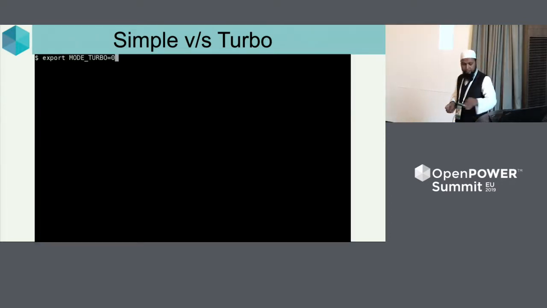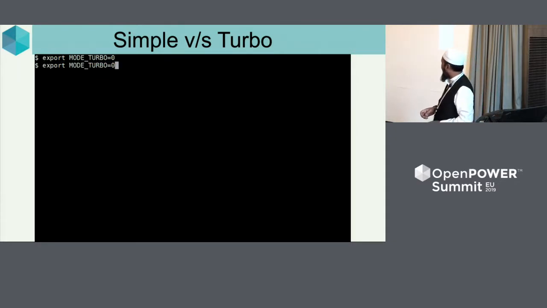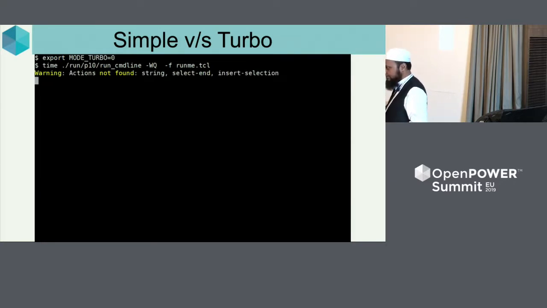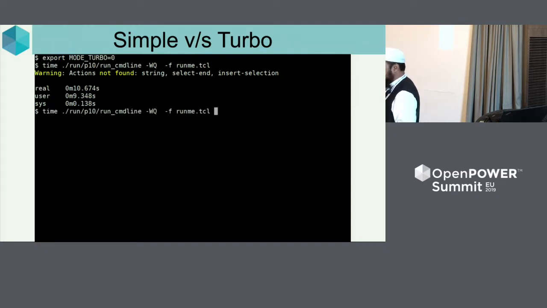So I can set the mode to turbo, and then I have an application of some random instructions that I can load on top of it through a TCL file. Since I've set the turbo mode to 0, it is executing in simple mode, and as I told you, it is pretty slow.